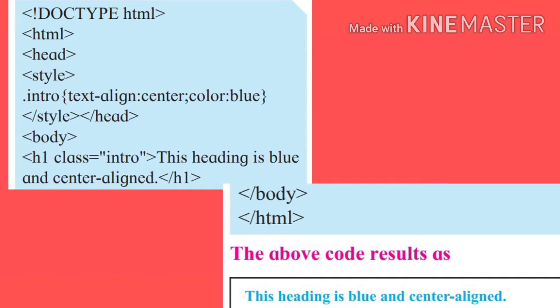Here intro is the class selector followed by the dot, having two properties, text align and color. The class selector is declared by using the style tag within the head section. Here the above declared class intro is used in an H1 tag by using the class attribute. So the content of the H1 tag will display in blue color with center alignment.